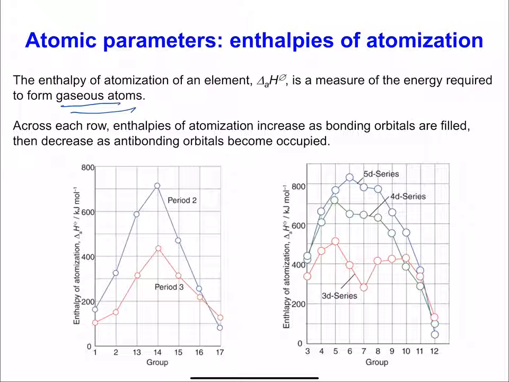That's the trend in these two figures. As you can see in the same row, period 2 and period 3, that's the main group. We can say it increases first and then decreases. Same trend for period 3. When it increases, that means you need more energy to do gasification. But after this peak point, it decreases.